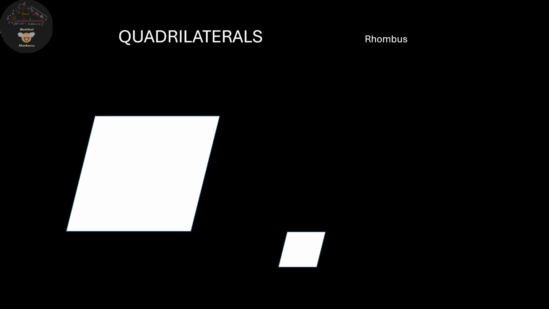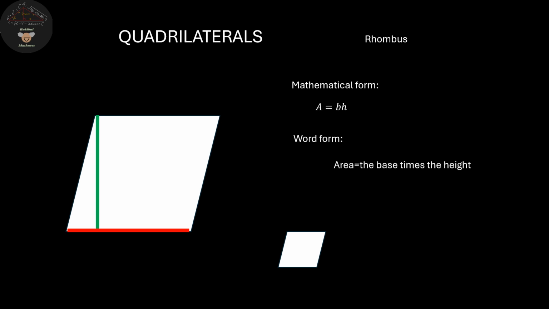Sorry, I made a mistake there. In the visual form, after you multiply those two, you have to divide by 2. Now the second formula for a rhombus, if you don't have the diagonals and you have the height and the base instead, you can just do A equals B times H, or area equals base times the height.